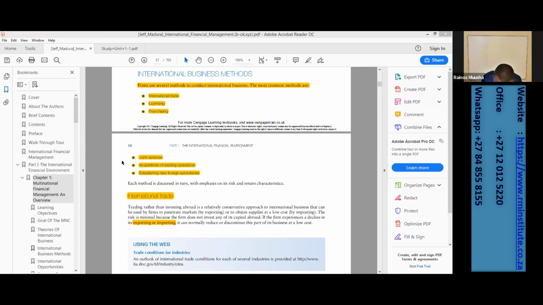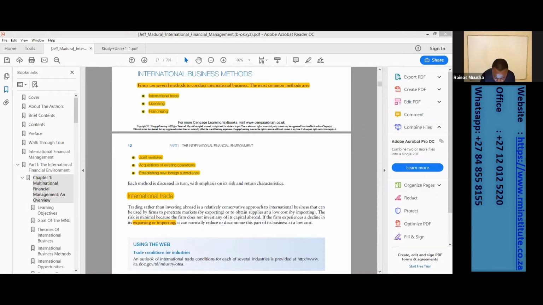The most common methods are international trade, licensing, franchising, joint ventures, acquisition of existing operations, establishing of new foreign subsidiaries, and also there's another one, which is the special purpose vehicle as well, that we're going to be discussing.